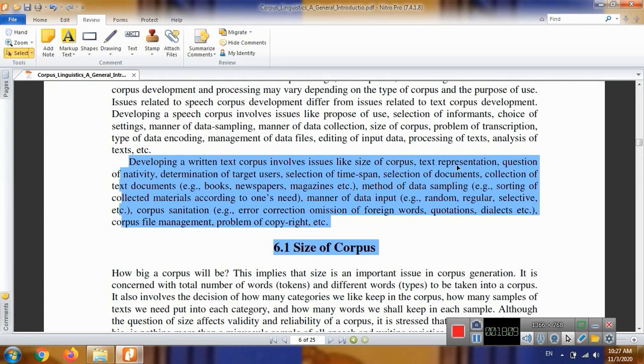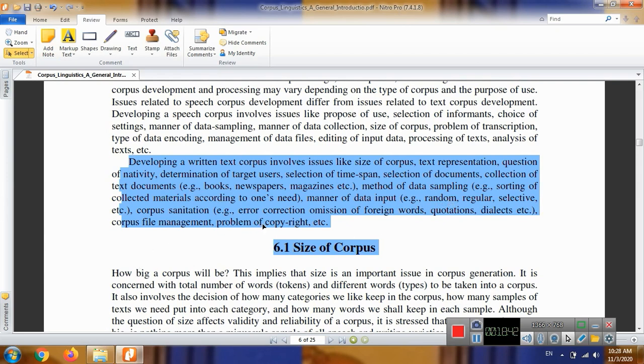Here, the size of corpus, text representation, question of nativity, determination of target users, selection of time span, selection of document, collection of text documents like books, newspapers, magazines, method of data sampling, which is sorting of collected material according to one's need, manner of data input, random, regular, selective, corpus sanitation.